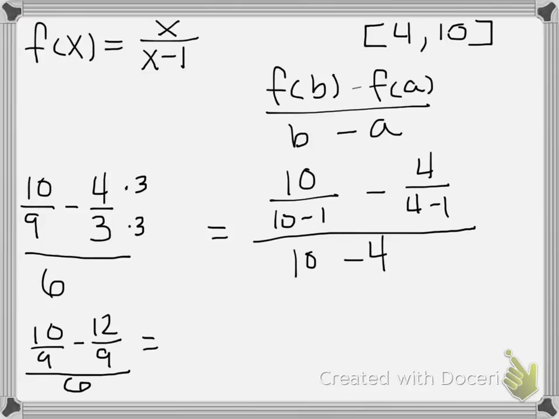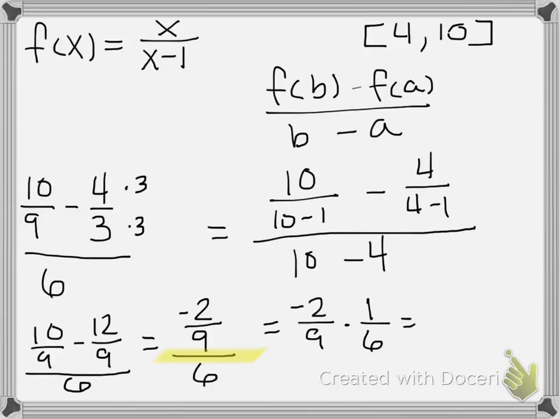So that is going to be negative 2 over 9 divided by 6. And so we do our keep change flip. So we're going to have negative 2 over 9 times 1 over 6, because the bottom fraction is 6 over 1, so we flip that upside down.